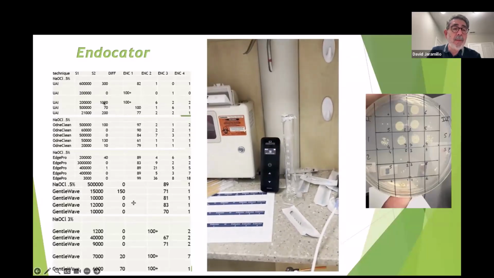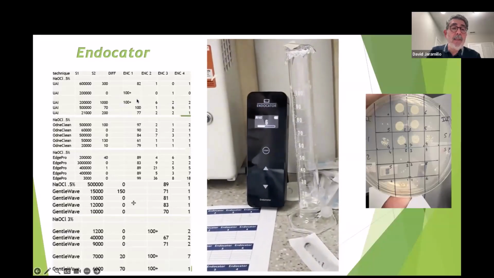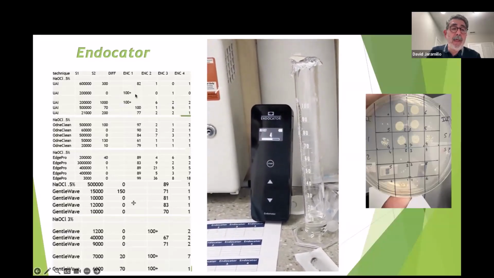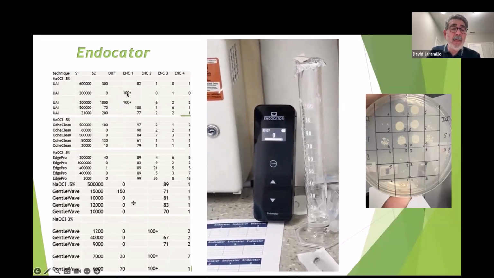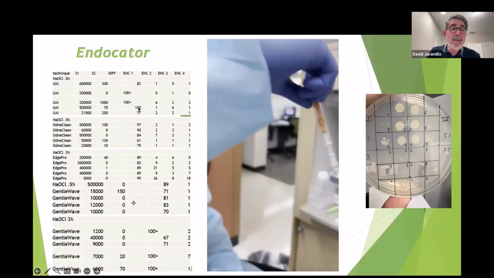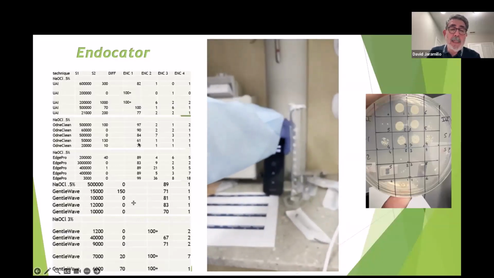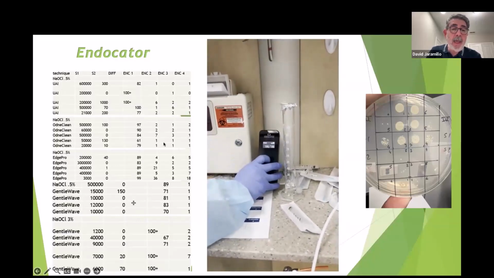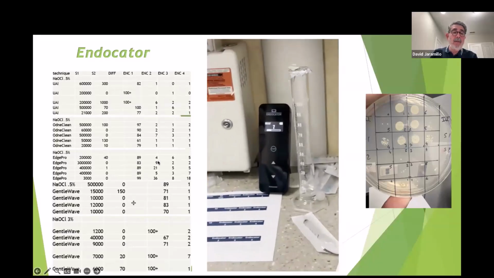The S2, this is after the treatment we did. And this is the first reading, to check the amount of bacteria. As you can see here, it gave us 100 plus, 100 plus, 100, 77, 97, 90, 84, 61. And then after the first cycle, the second cycle, and the third cycle.